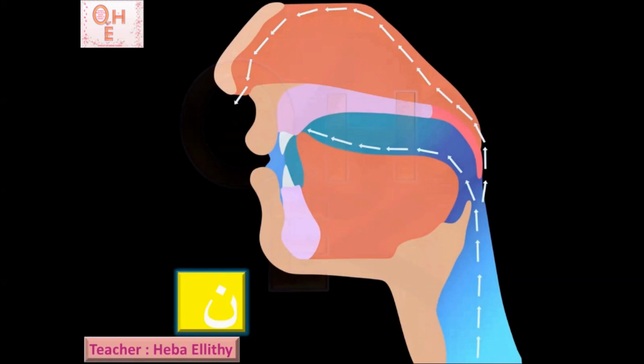And I hear this in noon and dal and ta sometimes and in several letters. Wrong. Al, wrong. Ad, wrong. All this is wrong. It should be in the gum, not in the top of the mouth, not in the palate. In the gum, not in the palate. Okay, inshallah, this is clear for you.